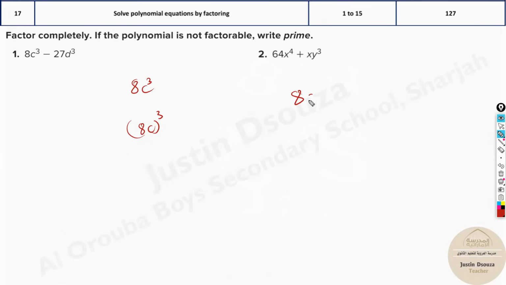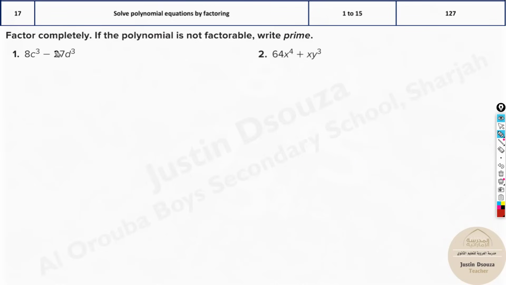I can't use the formula of a cube minus b cube like this. Why? Because this entire thing is not cubed. Only c is cubed. So you basically have to take the cube root of this and then you can make it a whole cube. Same thing over here, take a cube root and then you can make this a whole cube. So how would you start solving this?